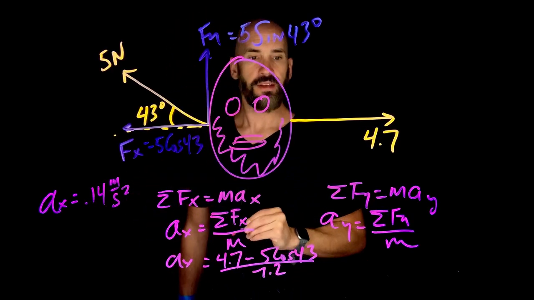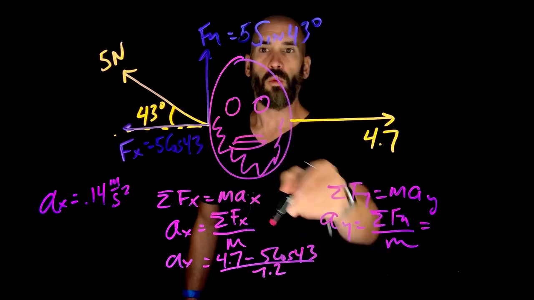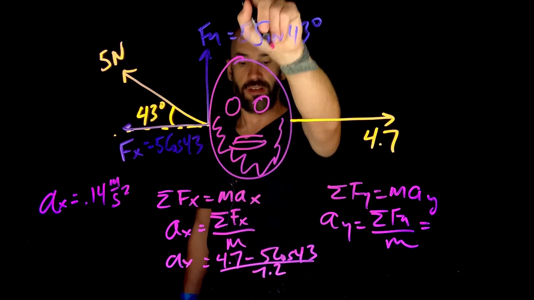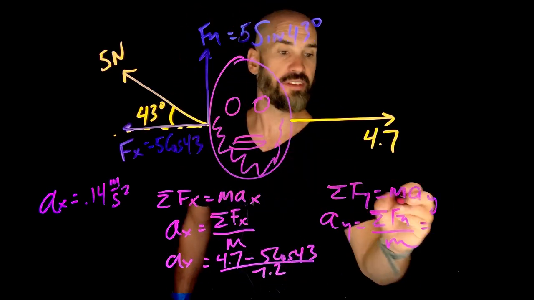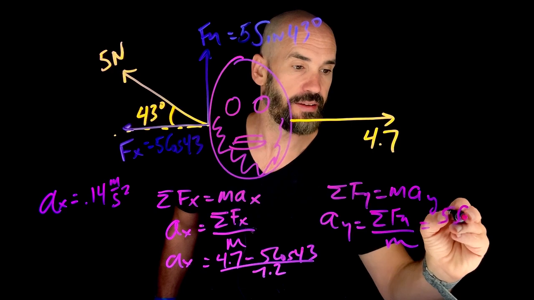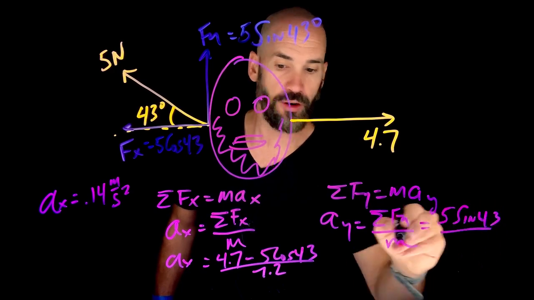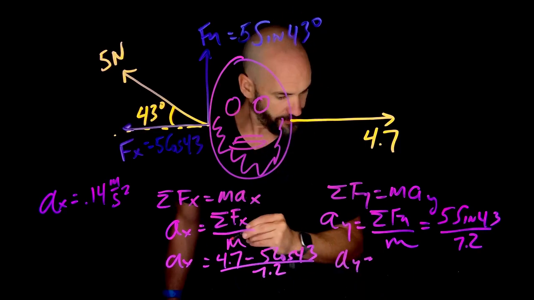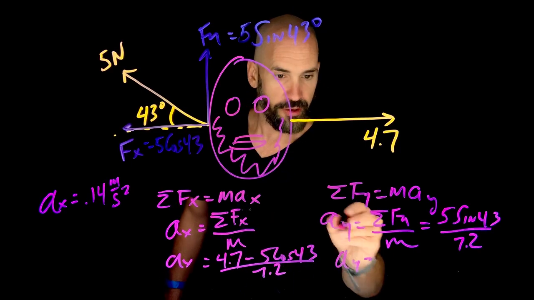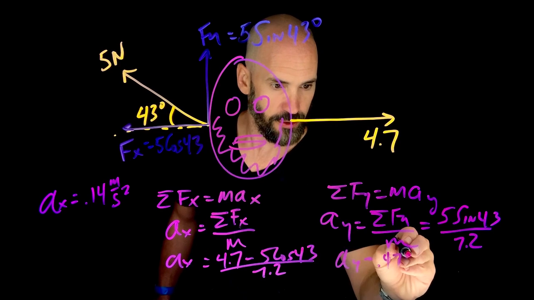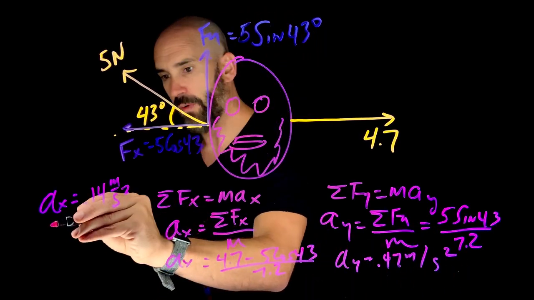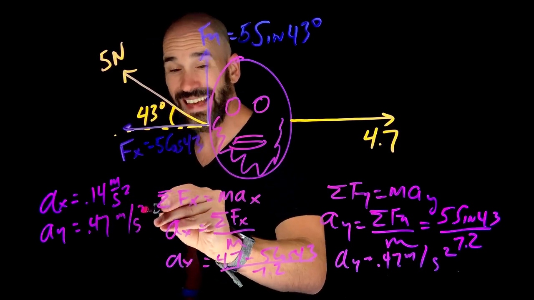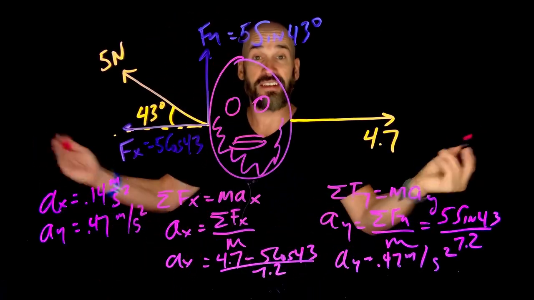Awesome. Now, what's going on in the y direction? Well, I only have one y component, and that's going to be 5 sine of 43 over the mass of my head again, which is 7.2. For this, I get an a_y component of 0.47 meters per second squared. Now I have an acceleration vector.